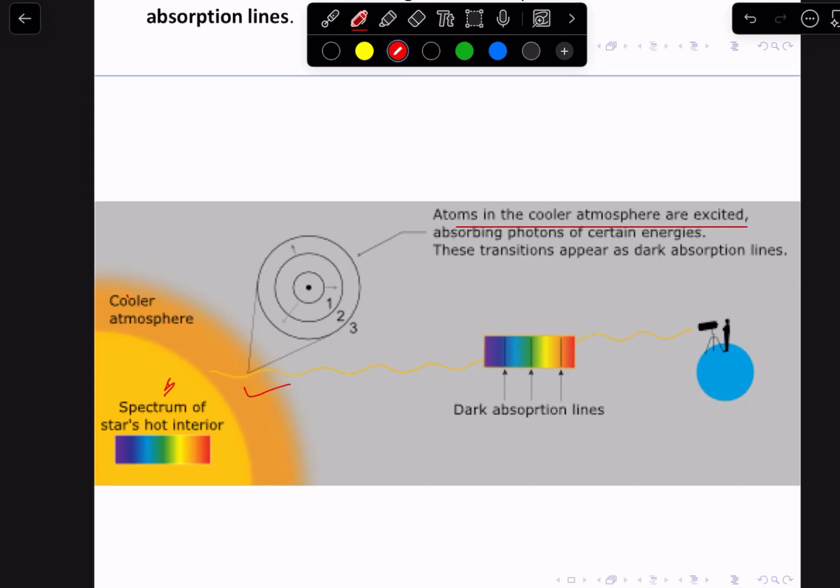So some of the atoms are excited, so they absorb photons of certain energy. For now you can just understand that there's a relation between energy and frequency.